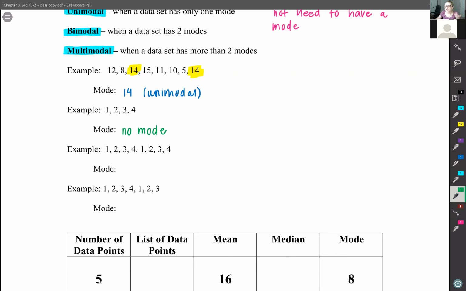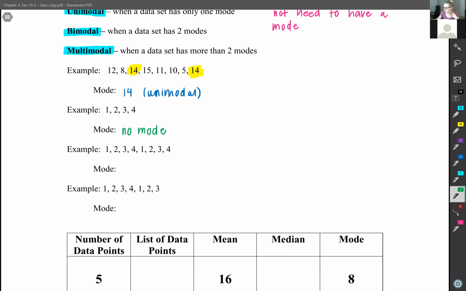That's a really good question to ask. Because they all occur once, are they not all the mode? It's an interesting question. I'm curious if the textbook gives you an explanation why. Let me see if I can find one.